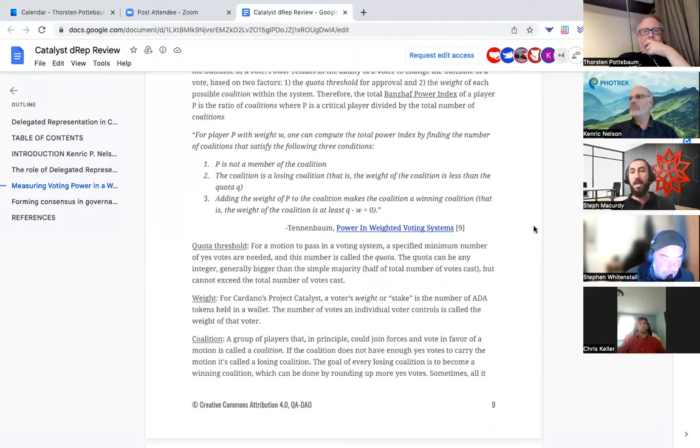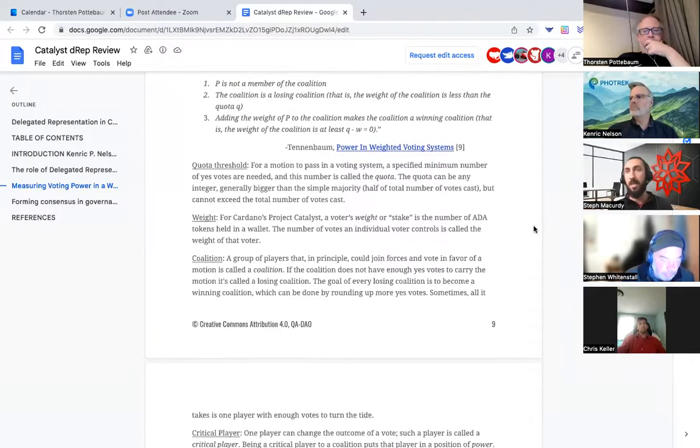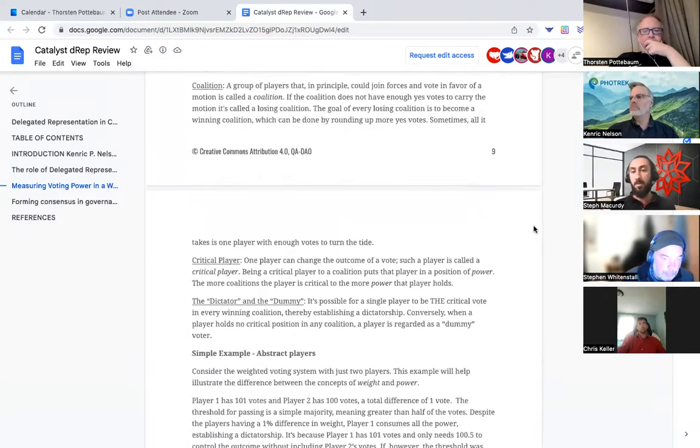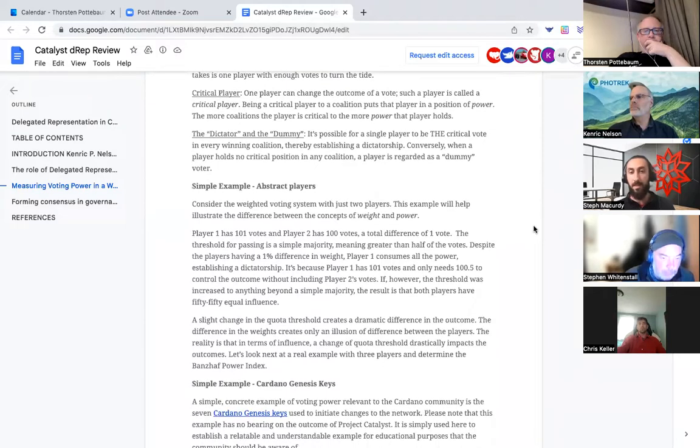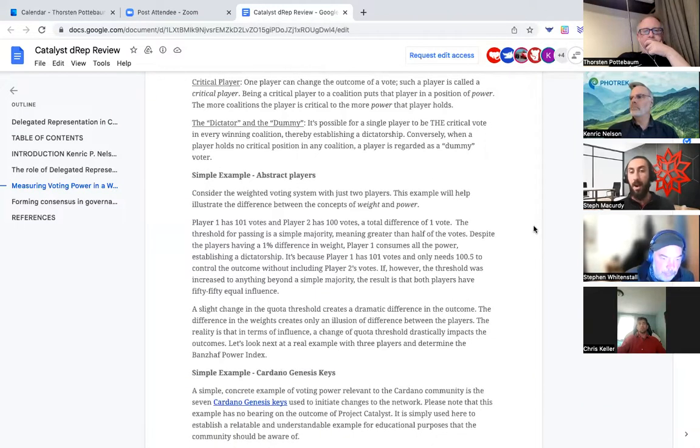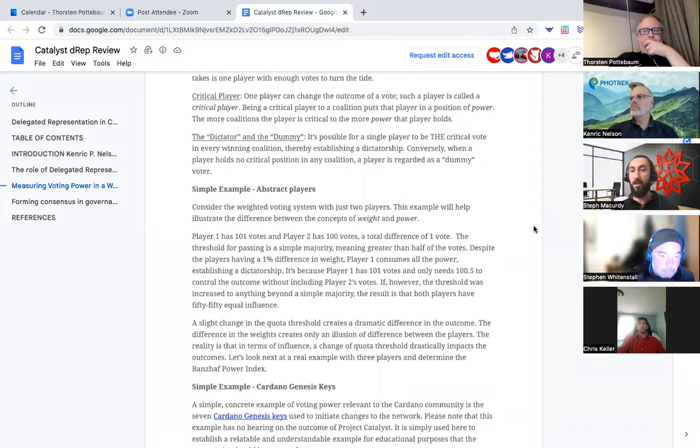So it's different. There can be dictatorship outcomes where one entity can dictate the entire outcome of the vote, and there can be a lot of dummy votes, meaning votes that basically have no impact. Those are important for people to know.